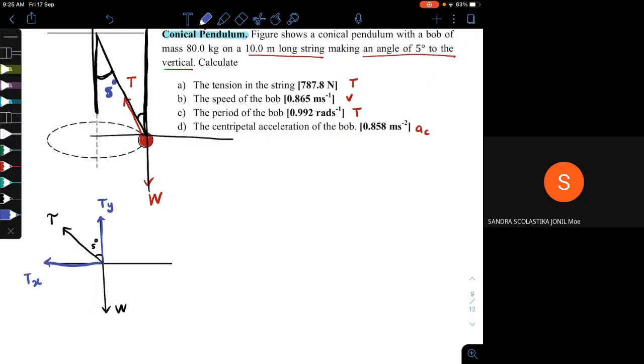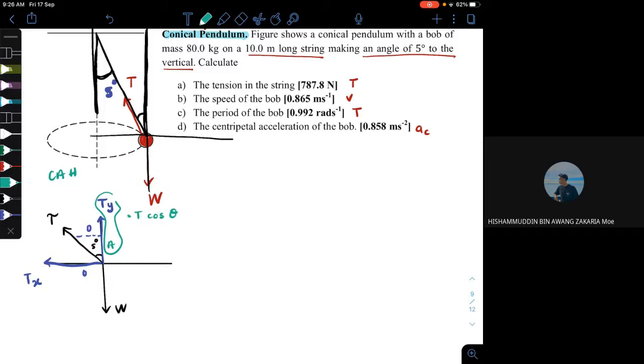And then can someone tell me apakah formula, apakah Miss nak tulis dekat TY tu? T cos or T sin theta? Can anyone tell me? T cos. Okay, very good. T cos. Sebab yang ni adalah, kalau ada yang tak explain lagi, this is opposite. This is adjacent. So our adjacent is TY punya. So TY is T cos theta.